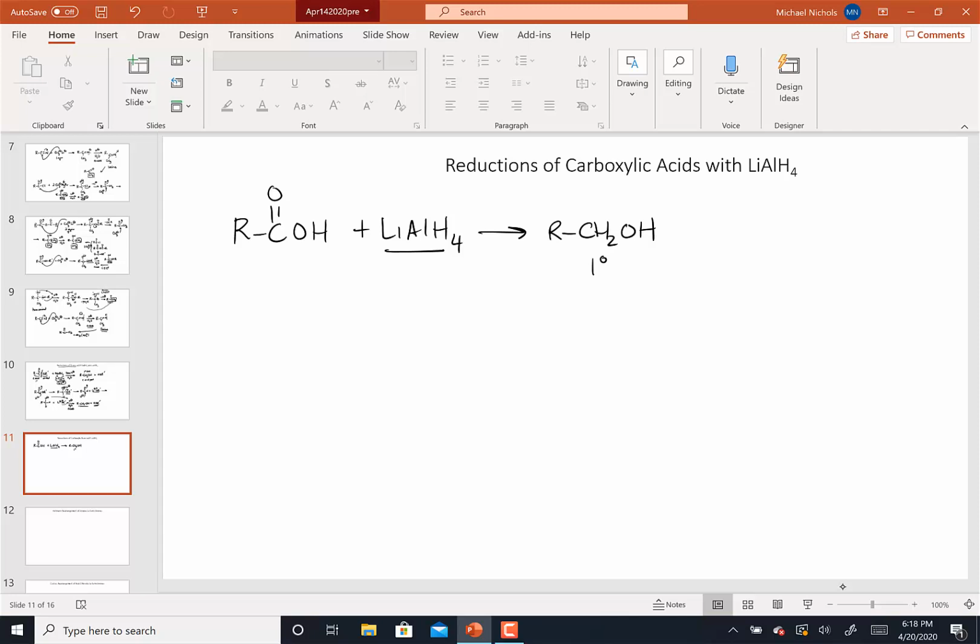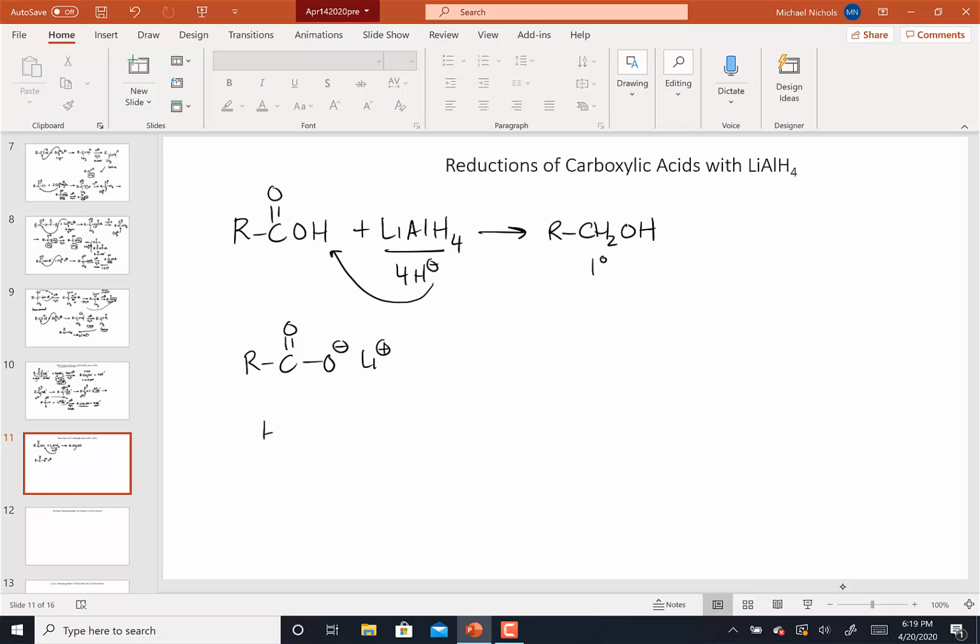In terms of this mechanism, there are up to 4 H- in lithium aluminum hydride. The first H- is simply going to deprotonate, and we're going to end up with an O-, and again a counterion of lithium here.